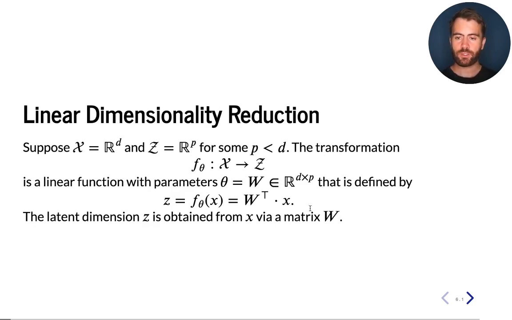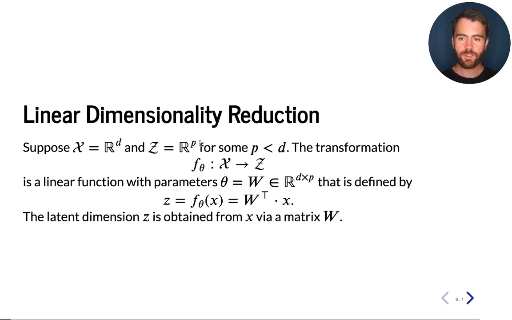In linear dimensionality reduction, we're going to say that the inputs live in a d-dimensional space of the real numbers, and we're going to choose the latent set, or this low dimensional set, as a p-dimensional set of real numbers, where p is going to be less than d.